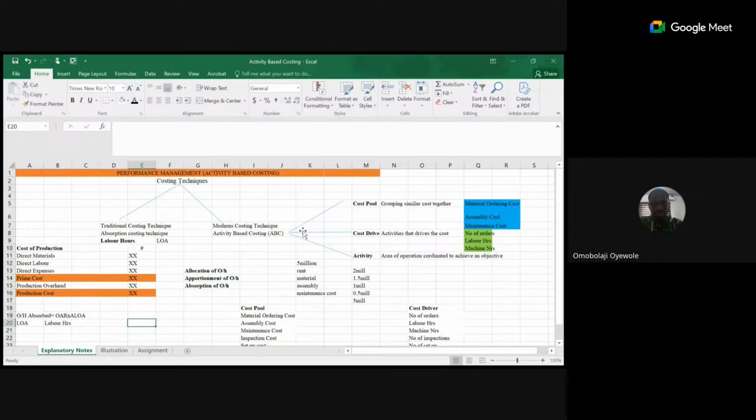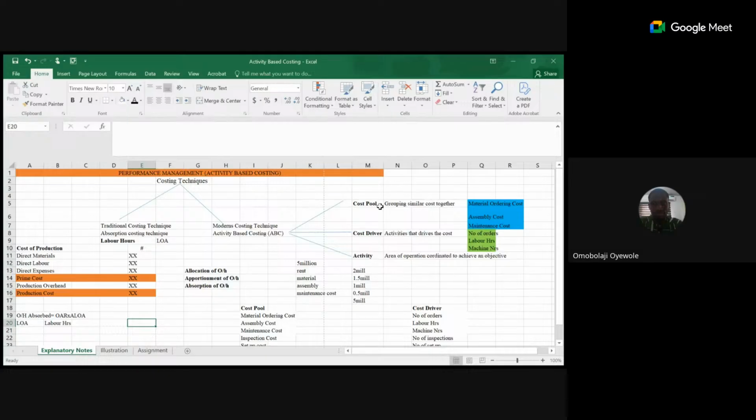Then we are now saying that there is a technique that helps overhead costs to be broken down. To understand this activity-based costing technique, you have to understand these three crucial aspects, which are cost pool, cost driver, and what? Activity. The cost pool has to do with grouping similar costs together. For every cost pool, there will be a cost driver. An activity is that area we want to achieve as an objective, as an organization.